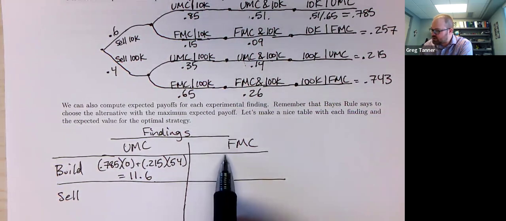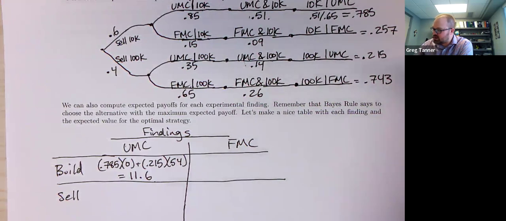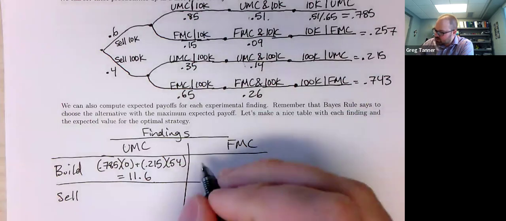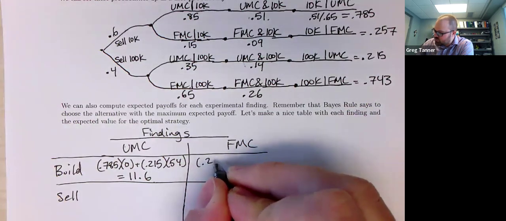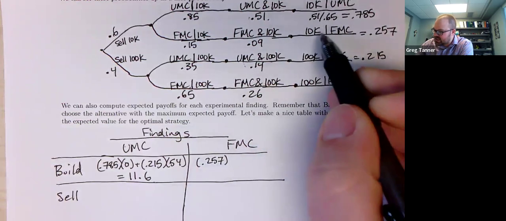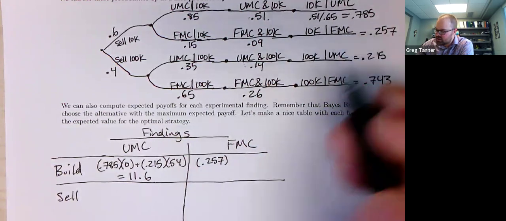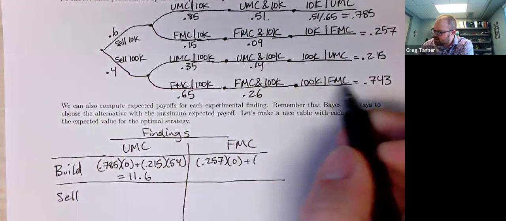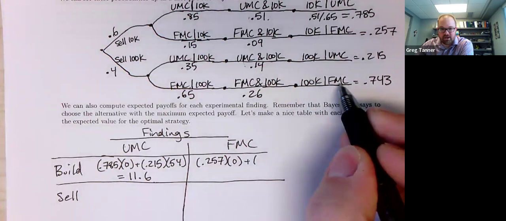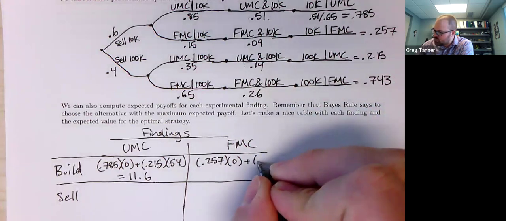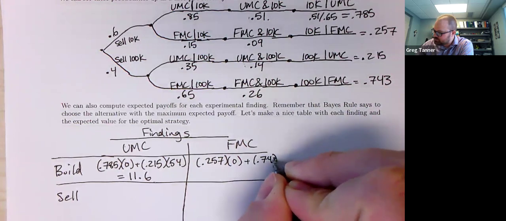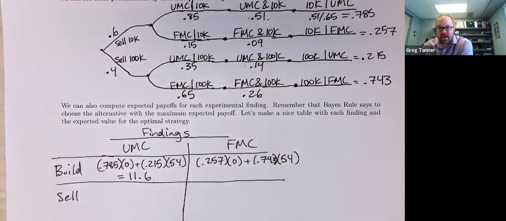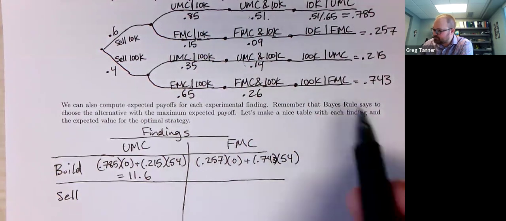Under favorable market conditions, we'll use the posterior probabilities for favorable market conditions. And so that would be 0.257, the probability of 10K under favorable market conditions, times the value of 0 if we sell 10K, plus the probability of 100K under favorable market conditions, 0.743, multiplied by the 54 million in payoff that we expect if we sell 100K.